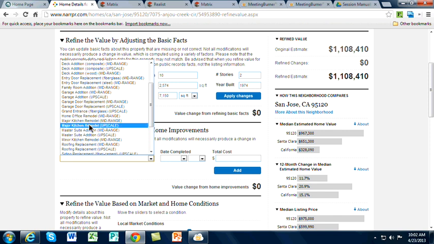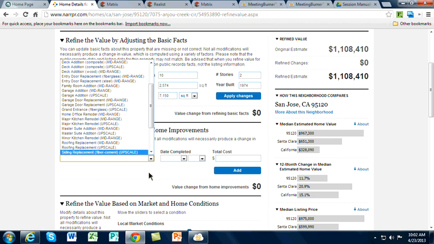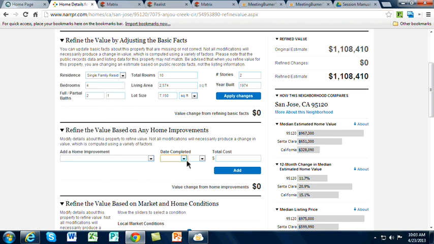Well, what we can do is go to, is it a major kitchen remodel or a minor kitchen remodel? And again, this is not precisely accurate, but if it was a mid-range major kitchen remodel, we would select that.